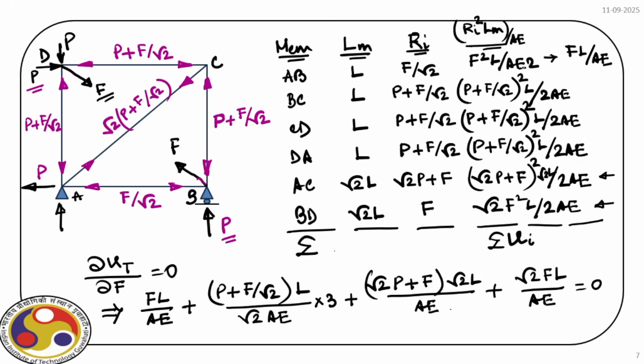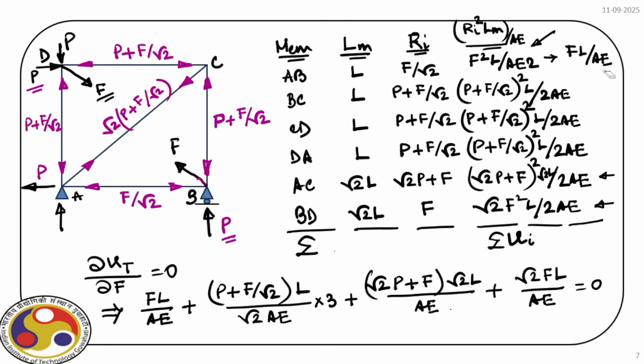And before we solve, again, let me explain once more. We have the individual members with their strain energy here, and that we differentiate with respect to F. So for example, the first one, F square L by twice AE, if we differentiate with respect to F, it is FL by AE.